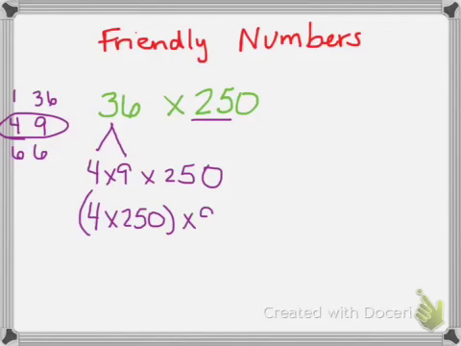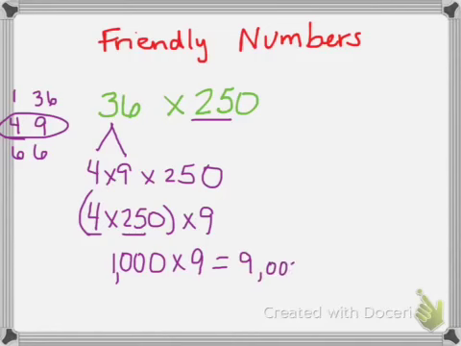Then once I'm done, I'll multiply that by 9. Well, my base problem is 4 times 25. I know using quarters that if I have 25, that means it's a quarter. 4 of those would be 100, and then I add my other 0, and then my 9. So now I have 1,000 times 9, which I can quickly do and say 9,000.